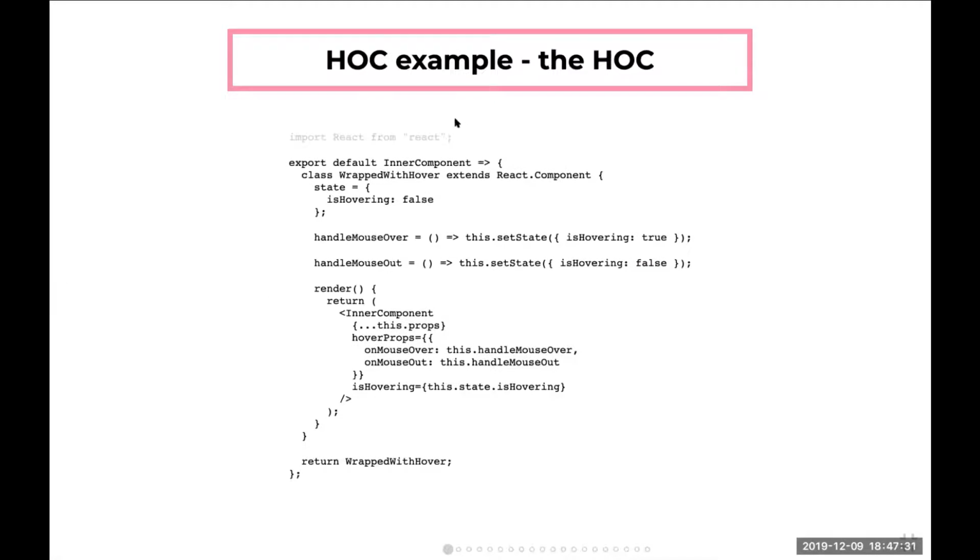All right, so then we have the HOC itself, and this is the wrapper. It's taking in the component that it's going to wrap, which is the inner component, and it's returning a new component that wraps that original component. Now, I'm going to seed my next slide a little bit because one of the first issues that you have here is the naming issue.